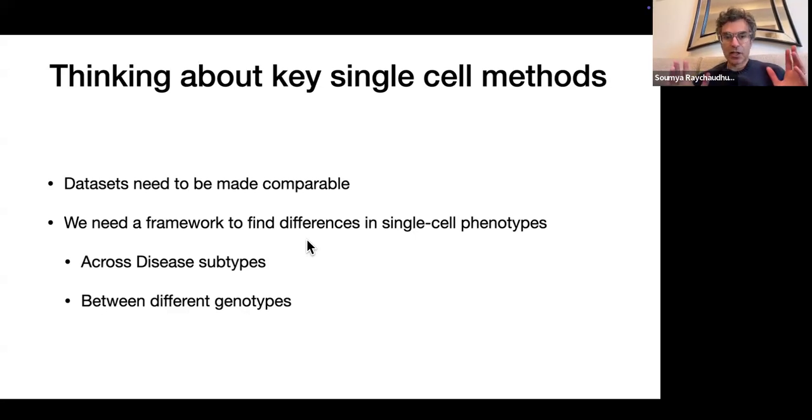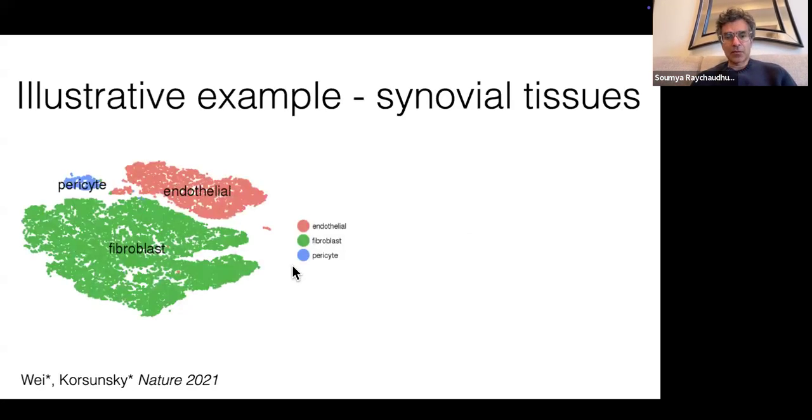If we have such a framework, we can ask, do we see differences between different disease subtypes, between cases and controls? And we can also ask, are there differences if we stratify by genotype? So if you take somebody who has a risk allele versus not, do we see those differences in the single cell states as well? Let me start by talking a little bit about making data sets comparable.